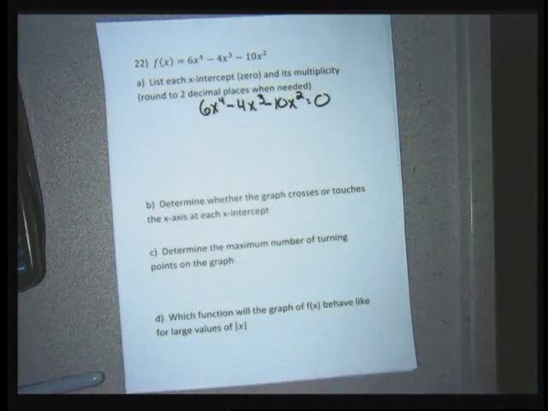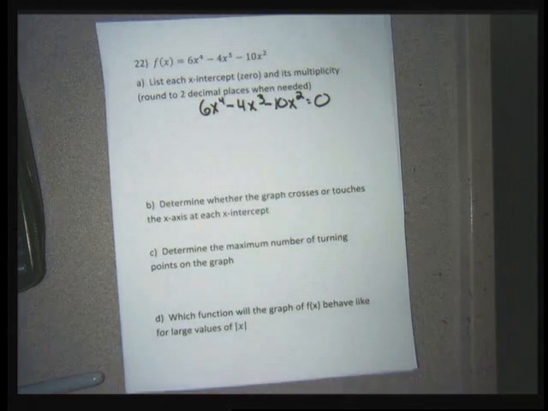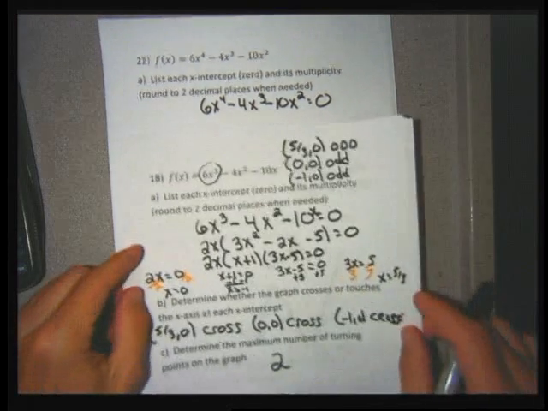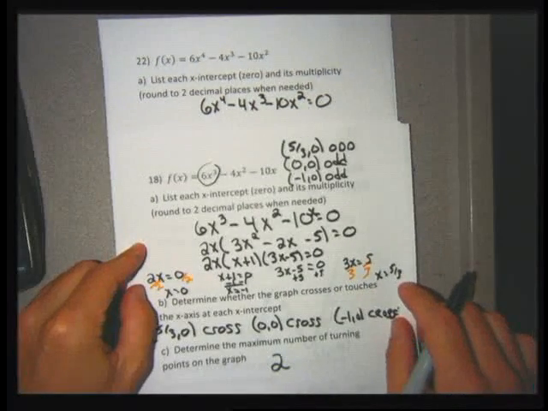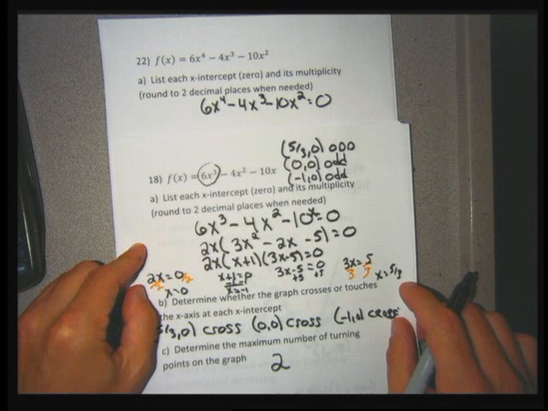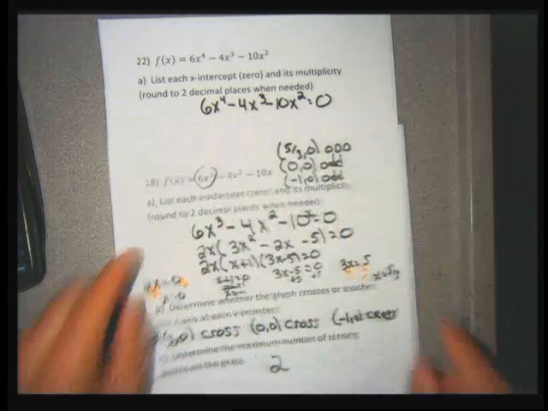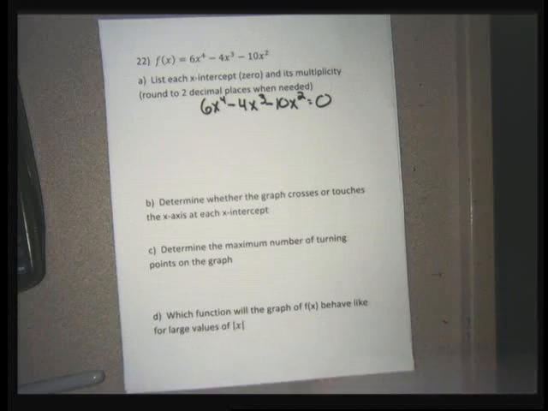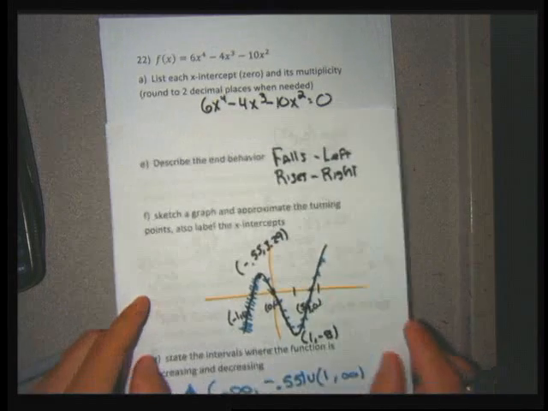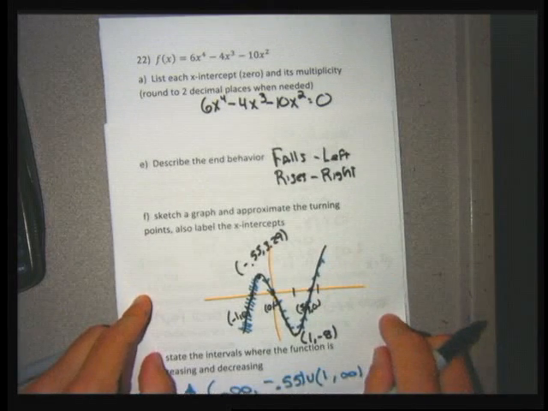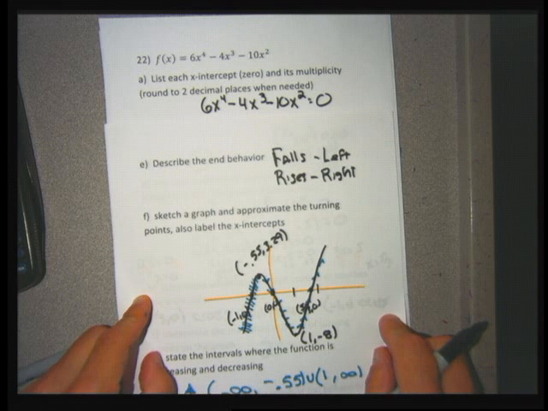If you look at problems 18 and 22, the only difference in the equation is instead of having a common factor of 2x, there's a common factor of 2x squared. Amazingly, when I get to the graph of 22, if I compare it to the graph of 18, that subtle difference, that extra x, is going to make a big difference in the graph.